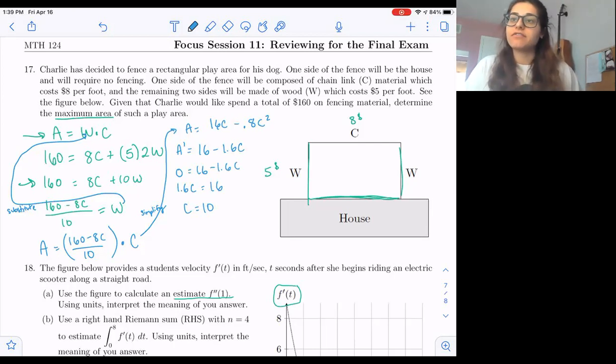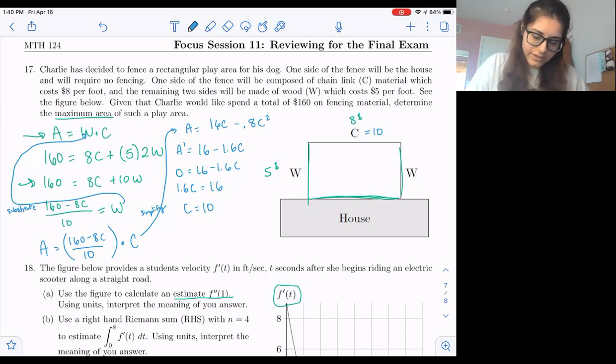Now I could go back and find W, but I really don't need to. All I need to do is find the maximum area. C equals 10 has told me that when C equals 10, that's when our area will be maximized. So all I can go back and do is plug in that 10 for our area formula, this one right here, and I'll find the maximized area.